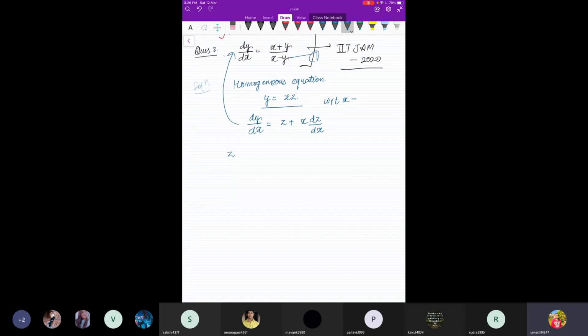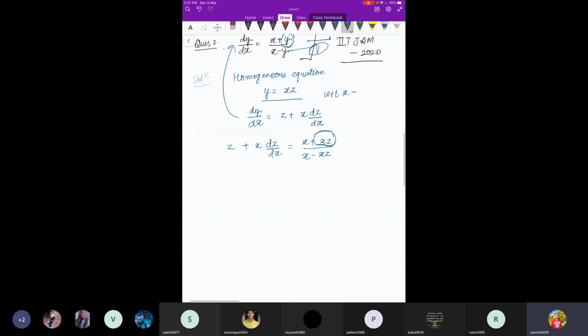Here only, in equation 1, z plus x times dz by dx equals x plus xz upon x minus xz. I just put y equals xz, so x minus y would be x minus xz.